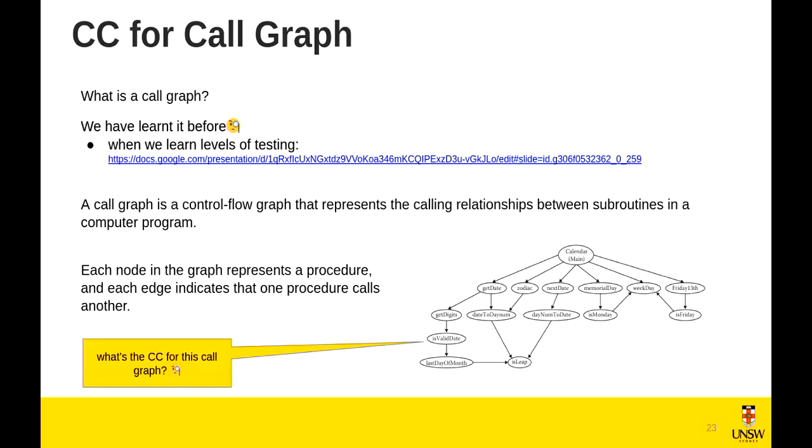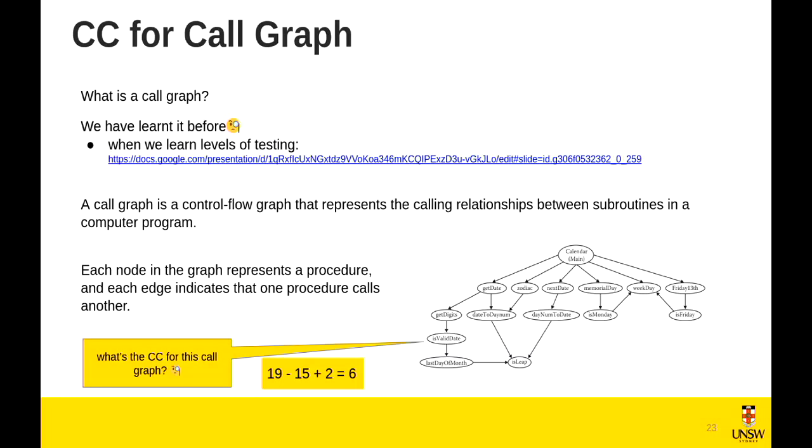Can you quickly count the cyclomatic complexity for this graph? In this case, we don't have the option to do the quick calculation for call graphs. So we have to build the call graph and calculate using the first formula: the number of edges minus the number of nodes plus 2 times P, the number of independent components, because for some call graphs there could be multiple components.